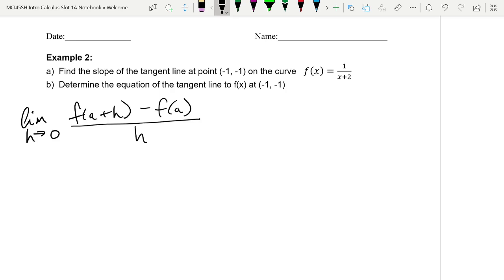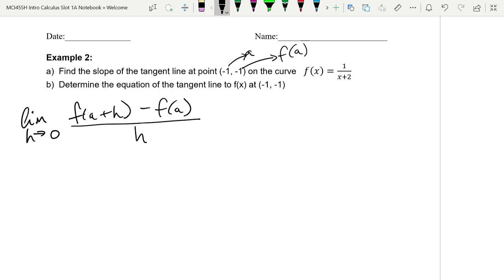So now a here is -1, right? So that's my a. And this time they gave me the x and y coordinates, so I don't have to figure it out. This is f of a plus h right here. Or sorry, I mean this is just f of a. My bad, that's just f of a. So I would like to put a plus h in where this x is.